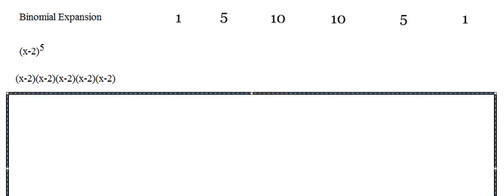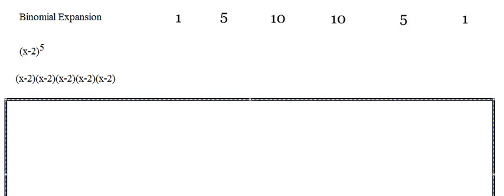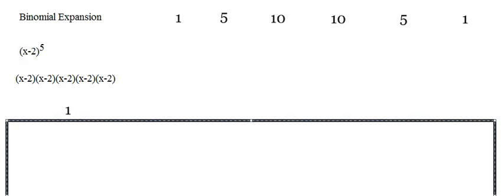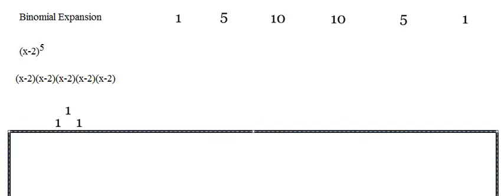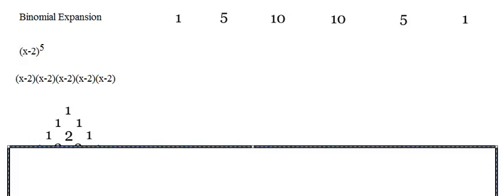So, to do binomial expansion, we're going to be using something called Pascal's triangle. Pascal's triangle is a pyramid of numbers that follows a specific pattern, and that pattern is every number is the sum of the two numbers above it. So we have a 1 here, and we have a 1, 1 here, and you'll start to see this pattern develop. There's just a 1 on the outside, and every number, 1 plus 1 is 2, is there.